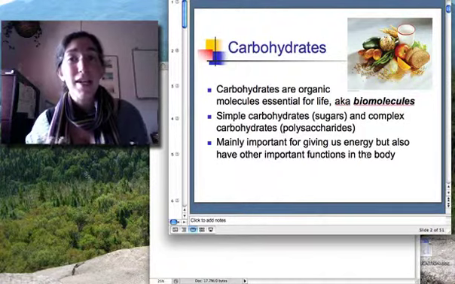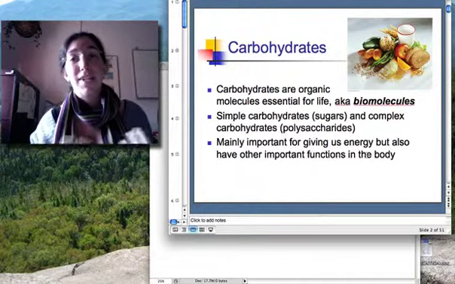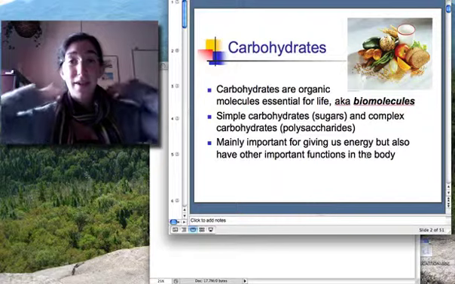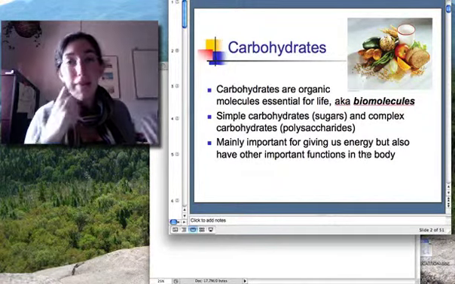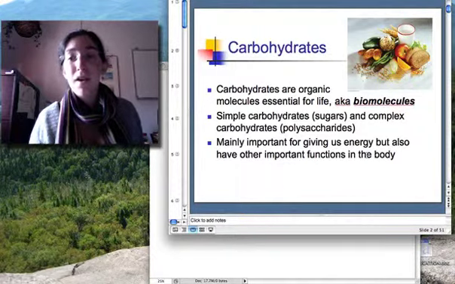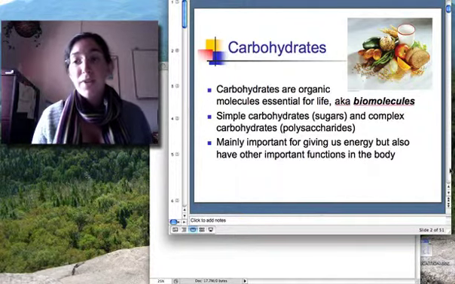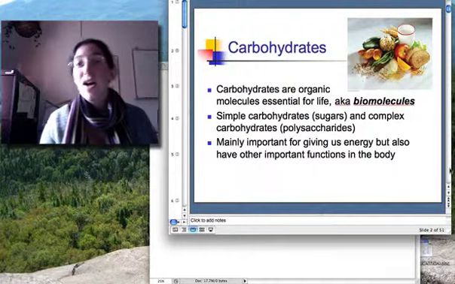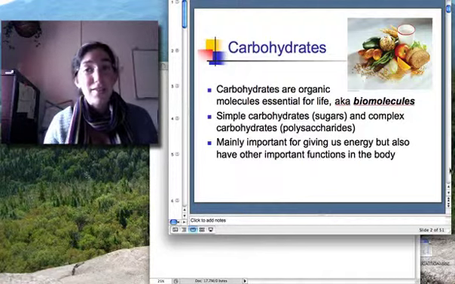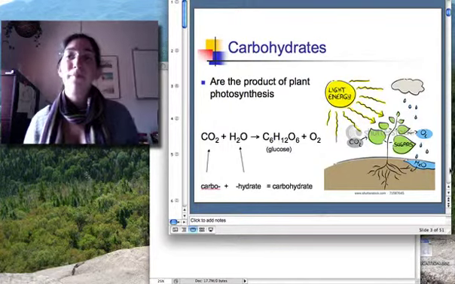We get them from our diet, and they're mainly important for giving us energy. We break them down to make ATP. When we talk about energy, we're talking about making ATP for our cells. So that's the major role of carbohydrates, though we will talk about some other roles of carbohydrates in our cells and our body at the end of the lecture.